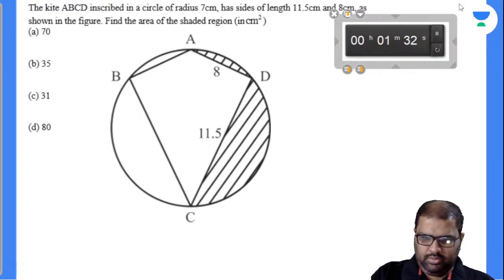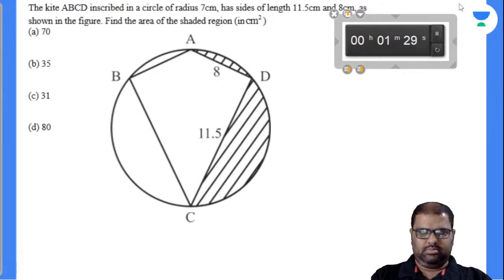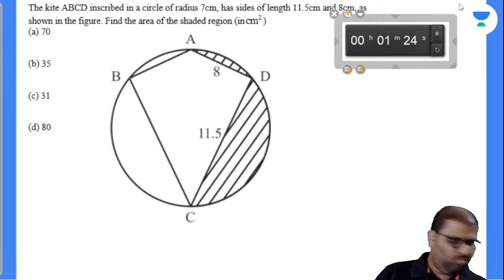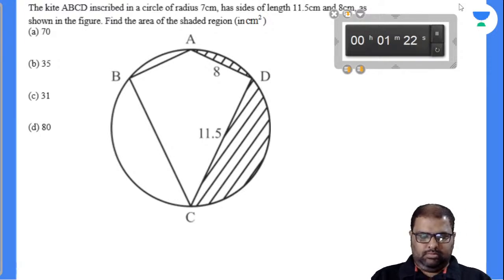Yeah, Pankaj, tell me. The kite ABCD. You can solve this question with the formula if you know the area of the quadrilateral.